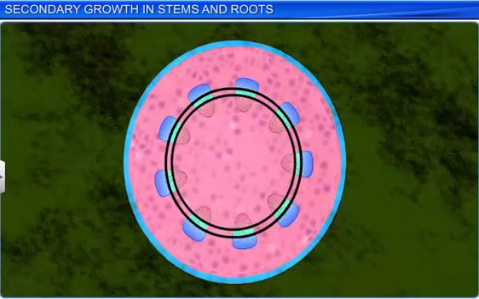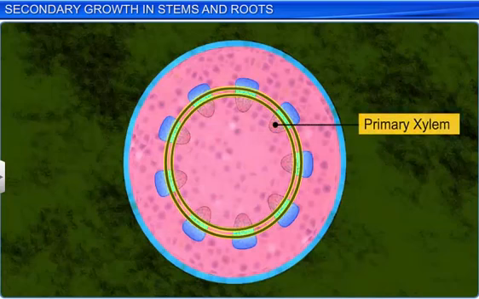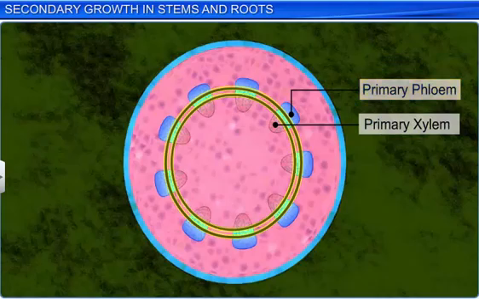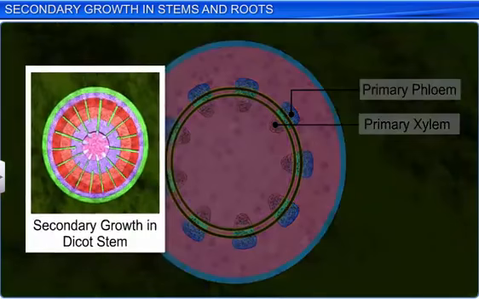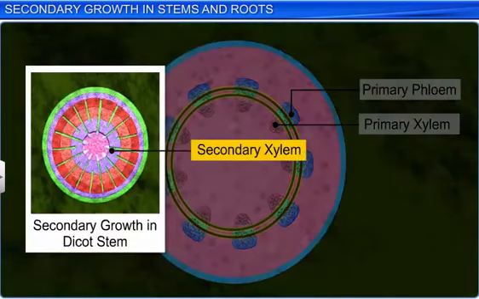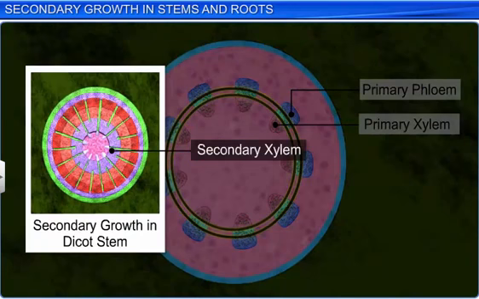At this stage, the cambial ring has primary xylem on its inner surface and primary phloem on its outer surface. Cell division takes place on both the sides of the cambial ring and results in the formation of secondary xylem on the inner surface and secondary phloem on the outer surface.